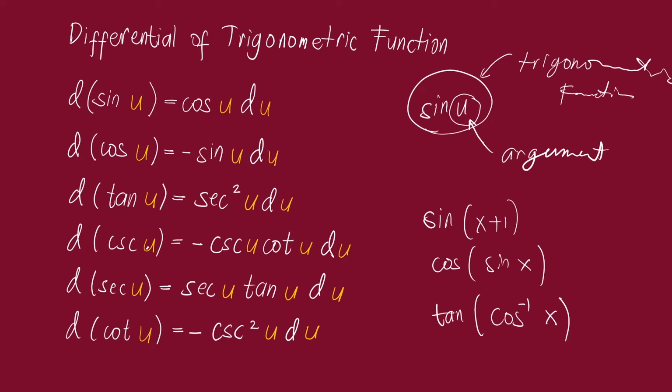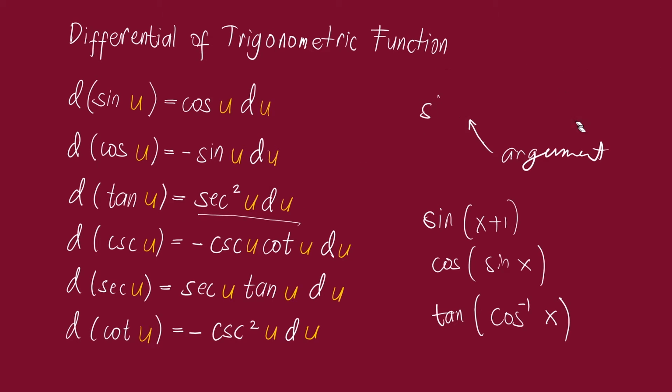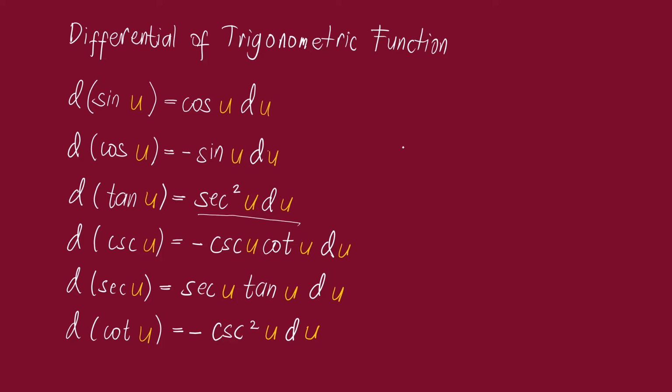Now, let me direct your attention here to this second u. Let me erase this first. Suppose you have secant squared u. So the whole of this is a trigonometric function. Ang u dyan is the argument. This 2 here is the exponent of the whole function, not just the secant.